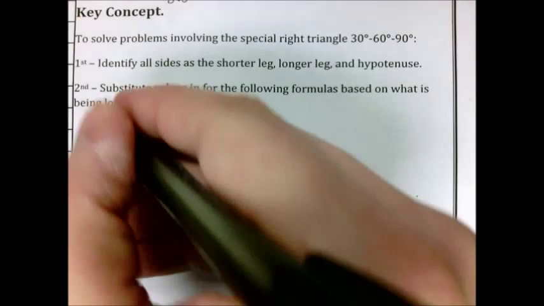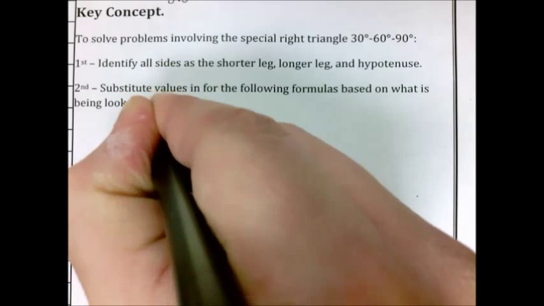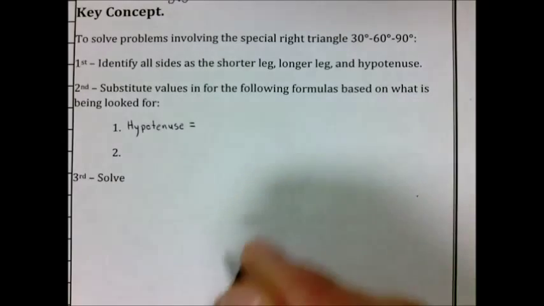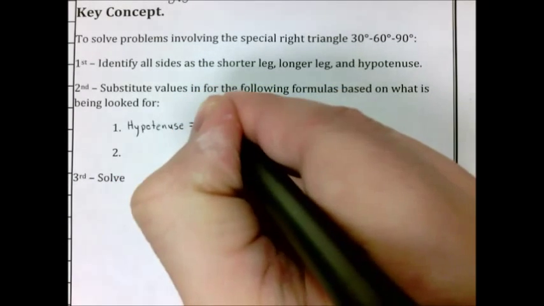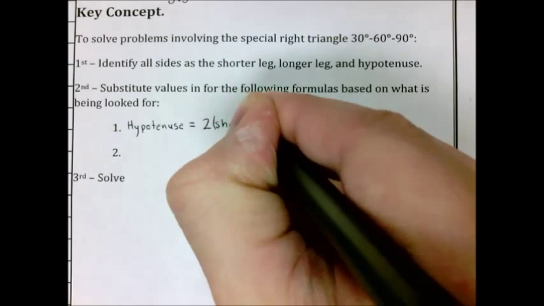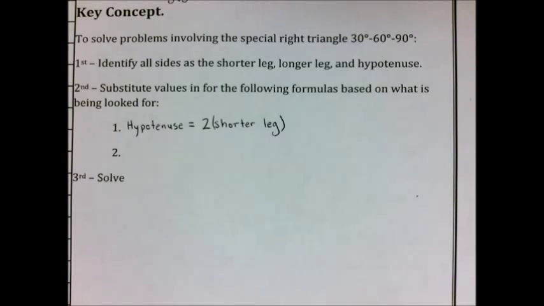The first formula: the hypotenuse equals 2 times the shorter leg. This is just like what we put in our diagram above, but written as formulas.